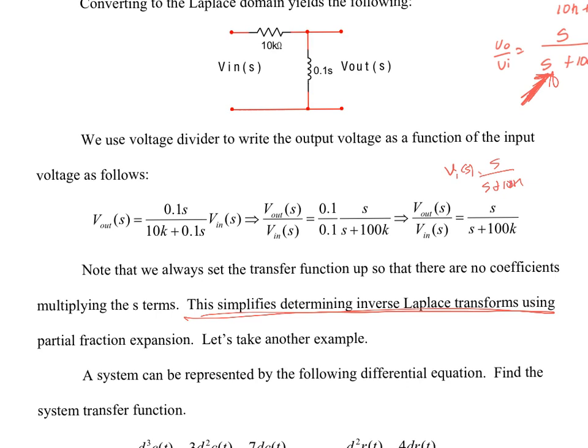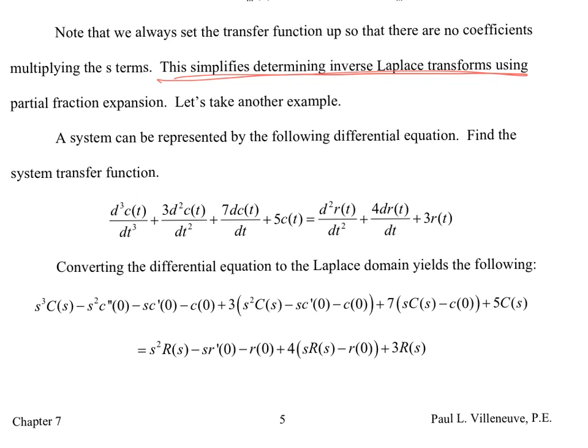And now I can just do partial fraction expansion because this one's already set up. I might have to factor this one to get it to look like something in the table, but it shouldn't be too bad to get from point A to point B. So that's why, as much as you can, you do it. All right, any questions?